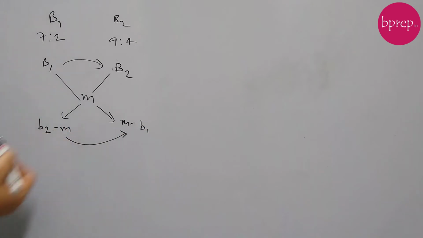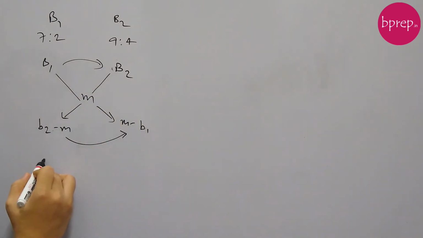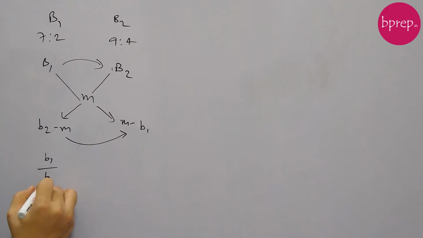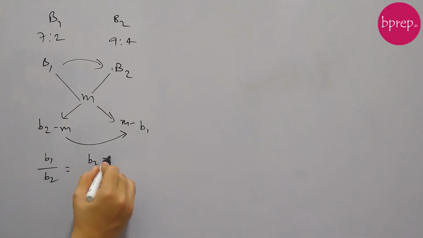We can write capital B also. So according to this rule we can write B1 is to B2 equals this. So B1 by B2 should be B2 minus m by m minus B1.